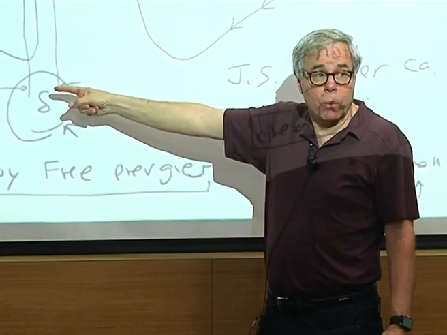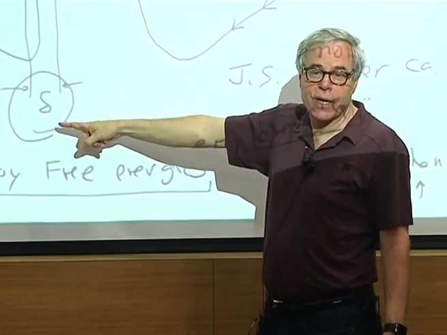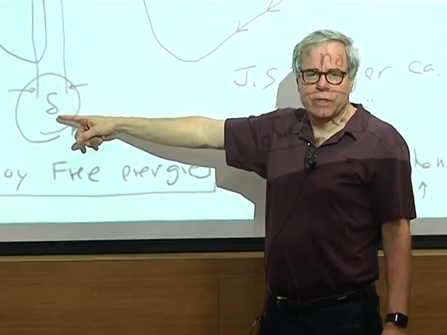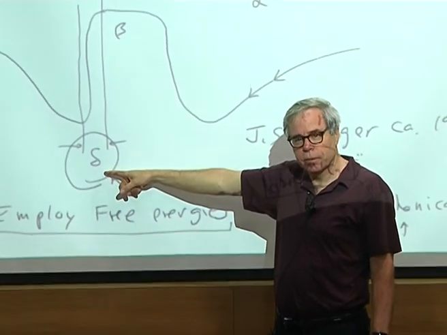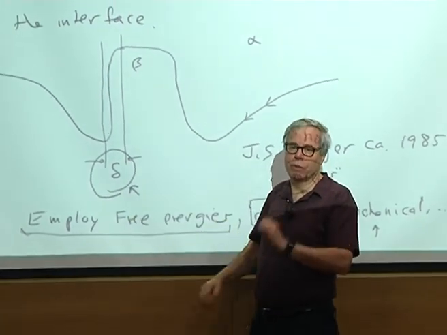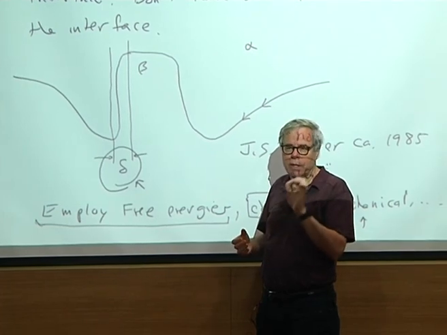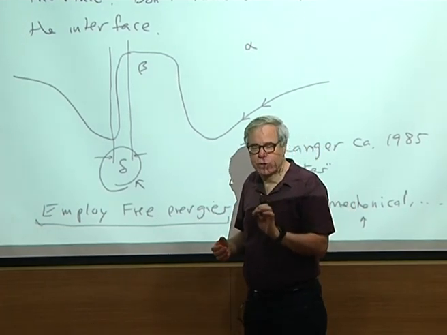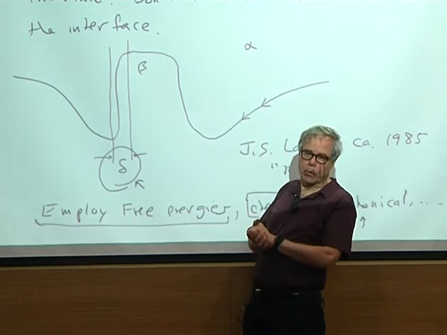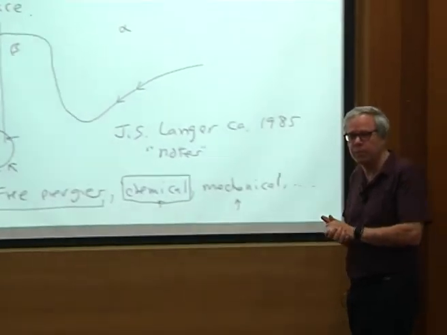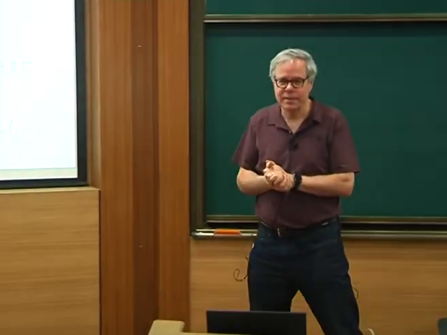And so, for example, we will write down a model for grain growth that allows you to use deltas on the order of microns, even though the real grain boundary width is on the order of nanometers. And we will very precisely determine how bad that approximation is and when it works and when it doesn't. That's really one of the key issues with phase field models. Did that answer your question?